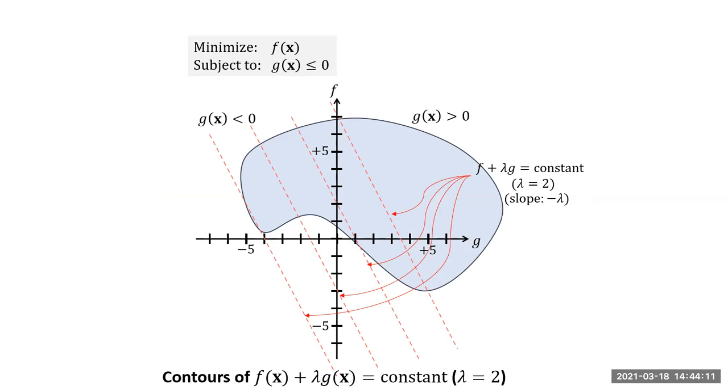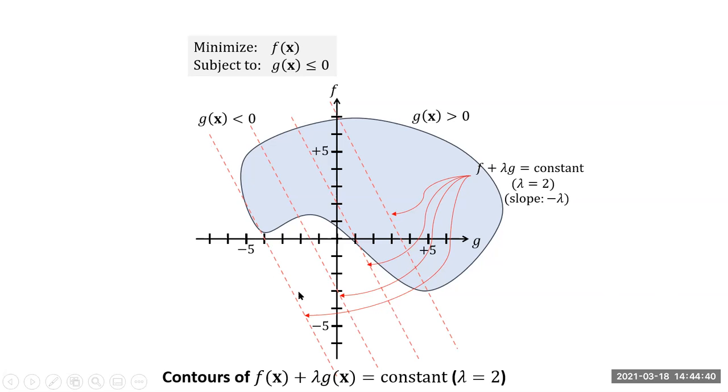Now let's look at the Lagrange multipliers. We only have a lambda, correct? This is the Lagrange multiplier corresponding to this single inequality constraint. Remember that the Lagrange multiplier lambda has to be greater than or equal to 0. Now, you see these red lines here.